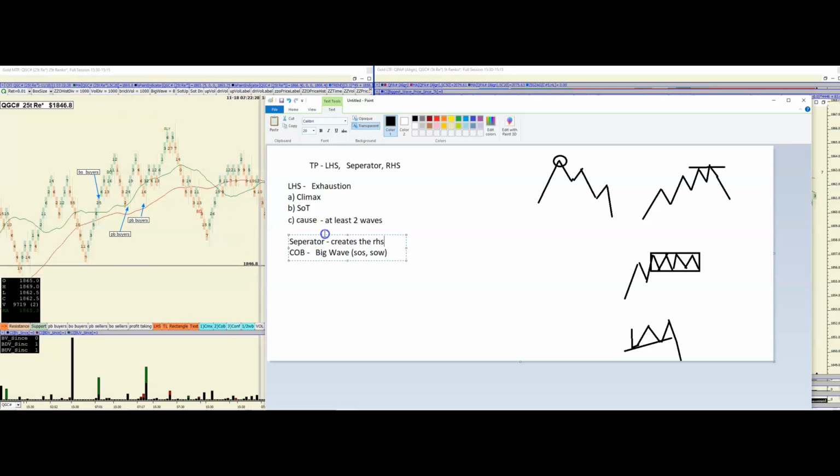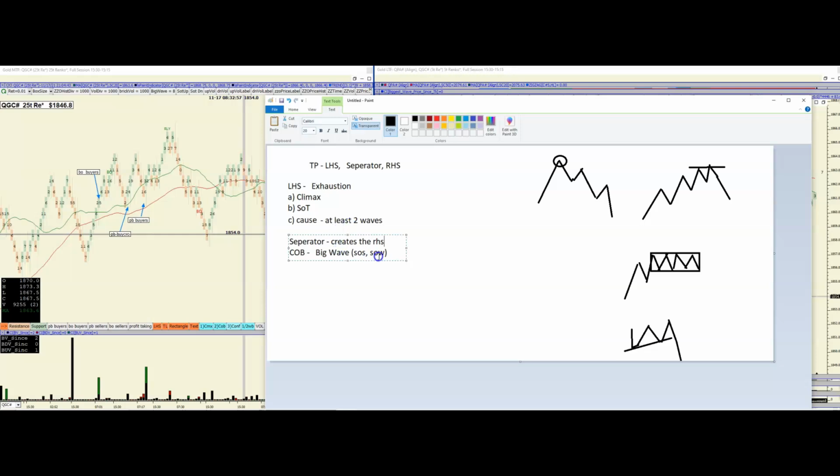This move is confirming the climax. This move is confirming the shortening of thrust. This move is confirming the cause that built that break. So the separator, or here the sign of weakness, is confirming that yes, you had a shortening of thrust. It's not just a little probe to go higher. Instead, it's described as lack of momentum or exhaustion. But the point is, the left-hand side has now been established because of that.